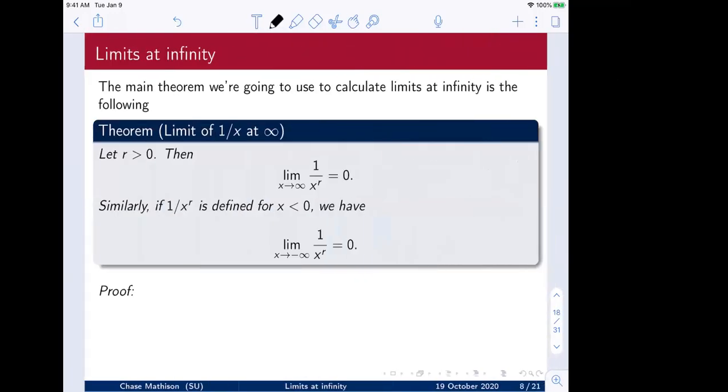If r is a positive number, so r is bigger than 0, then the limit as x approaches infinity of 1 over x to the r is equal to 0. And if 1 over x to the r is defined for x less than 0, then we're going to have the limit as x approaches negative infinity of 1 over x to the r is equal to 0.